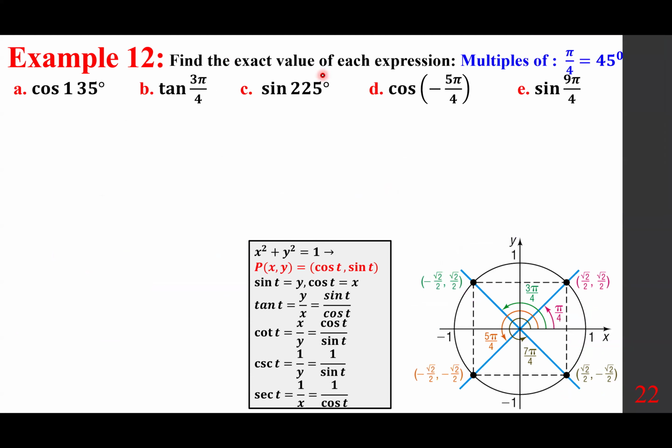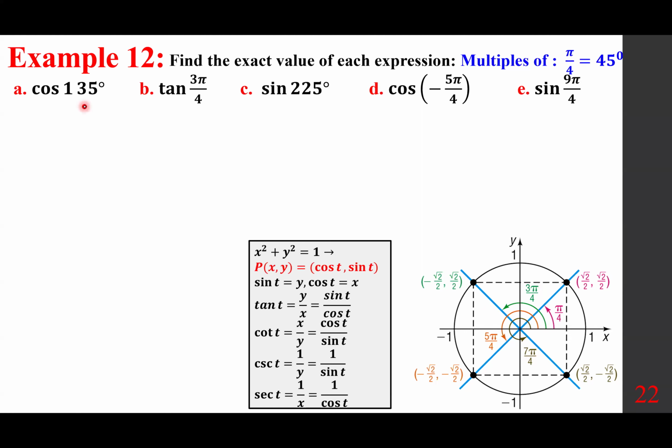Find the exact value of each expression, which are multiples of pi over 4 or 45 degrees, reminding you of what we learned here as far as the unit circle. And if this is pi over 4, remember, this one is 3 pi over 4, this one 5 pi over 4, this one is 7 pi over 4.